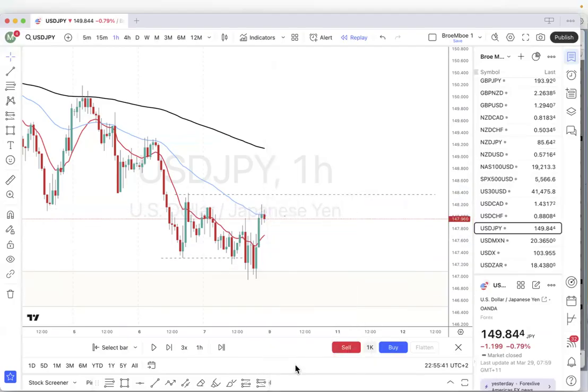Why am I not taking the sell? Because what is the point of taking a sell when you know that you're waiting for a long-term buy? Why would you want to counter trade? But I can tell you now, some people would go for the sell.